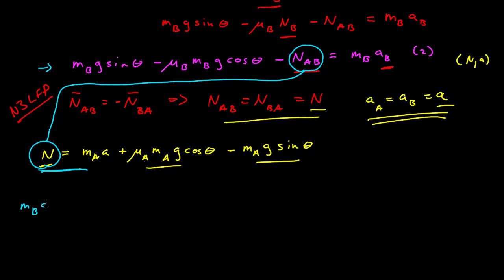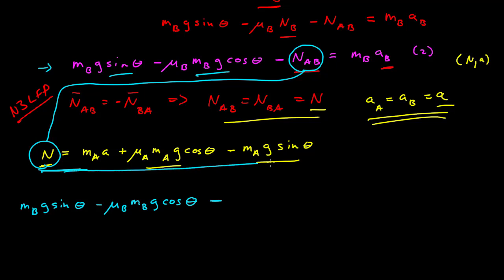So I have m sub b g sine theta, that's just this first term, minus mu sub b m sub b g cos theta, that's this term, minus, now this whole thing, minus m sub a minus mu sub a m sub a g cos theta, plus, remember this is minus all these things, m sub a g sine theta, and all of this is equal to m sub b a.